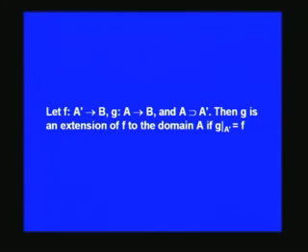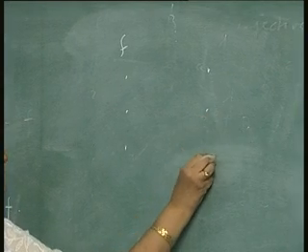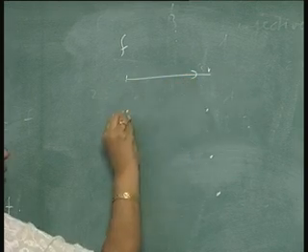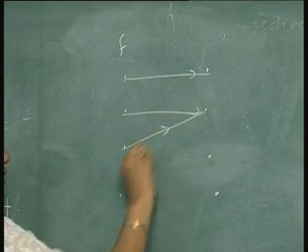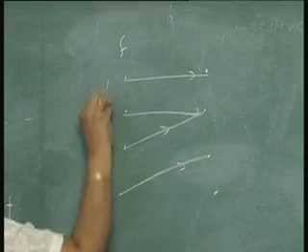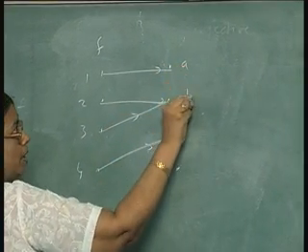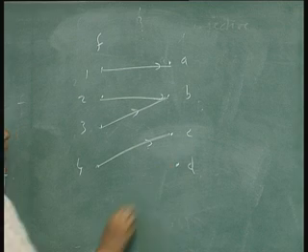Suppose I have a function f between two sets, say f like this: 1, 2, 3, 4, a, b, c, d.